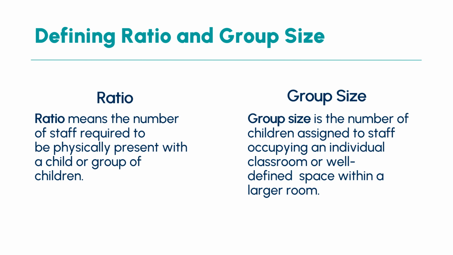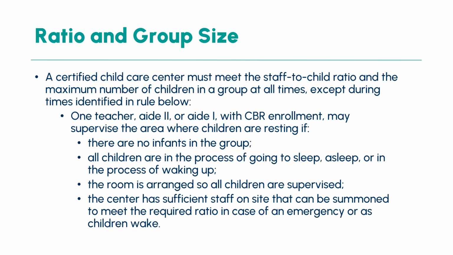Group size is defined as the number of children assigned to staff occupying an individual classroom or well-defined space within a larger room. A certified child care center must meet the staff-to-child ratio and the maximum number of children in a group at all times, except during times identified in rule below.